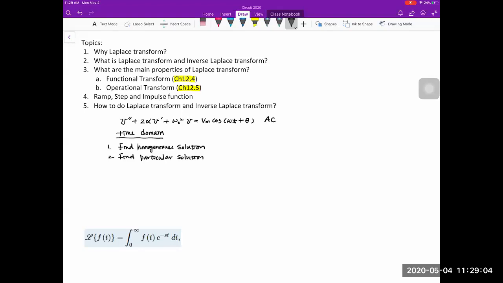How do you find a particular solution for Vm cosine of omega t plus an angle? You assume the solution is a combination of a sine and cosine with coefficients, maybe K1 and K2. And you put that back into the equation. This process easily takes at least half an hour to find a solution.